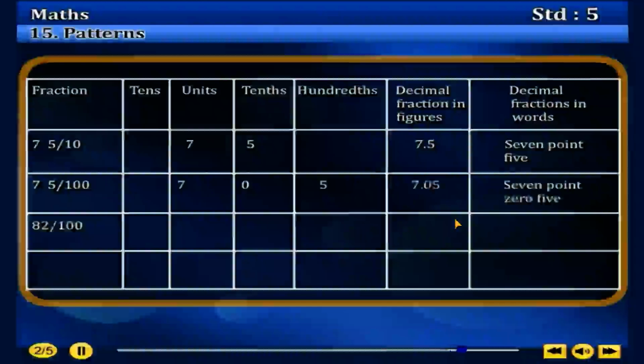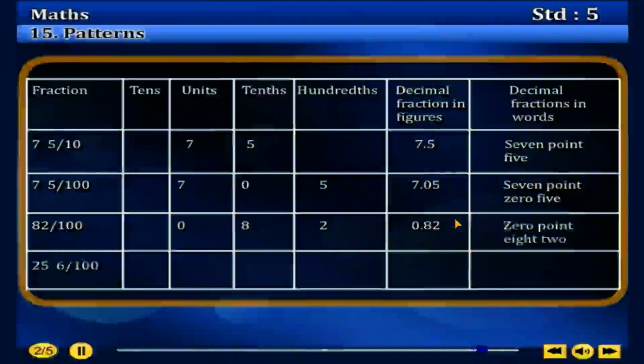Fraction 82 by 100: units 0, tenths 8, hundredths 2, decimal fraction in figures 0.82, in words 0.82. Fraction 25, 6 by 100: tens 2, units 5, tenths 0, hundredths 6, decimal fraction in figures 25.06, in words 25.06.